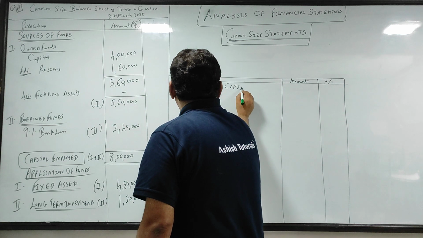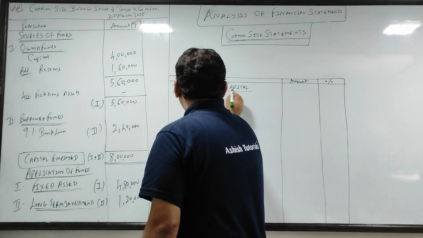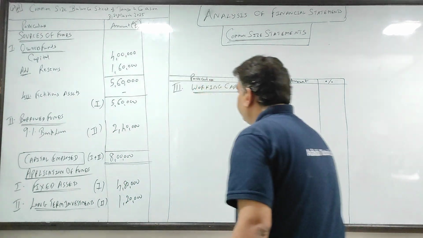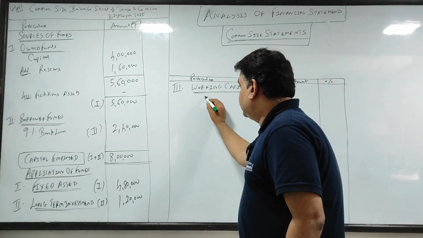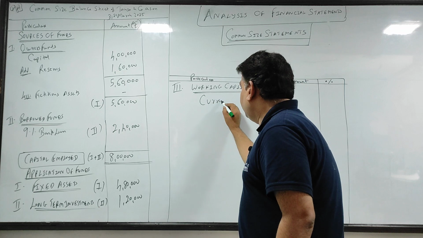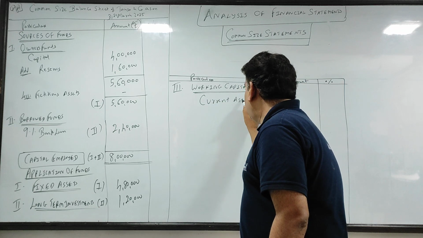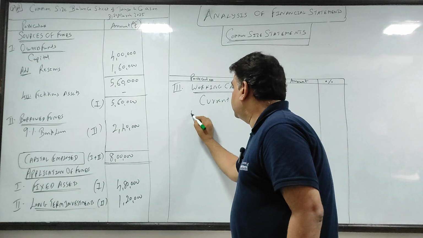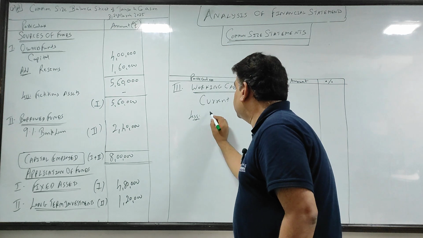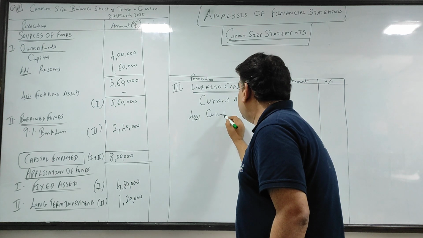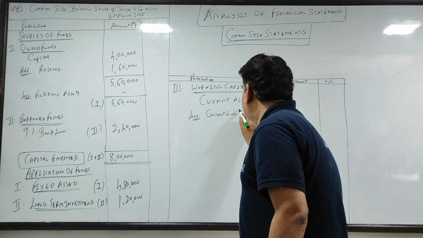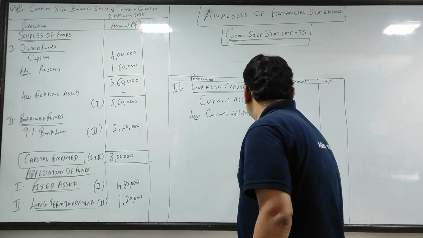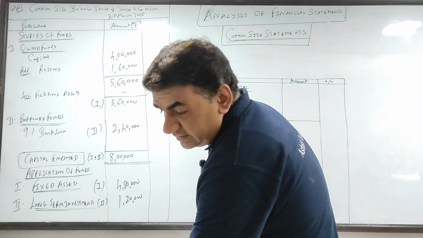Third, working capital. We know very well it is current assets minus the current liabilities. Okay, let's see.